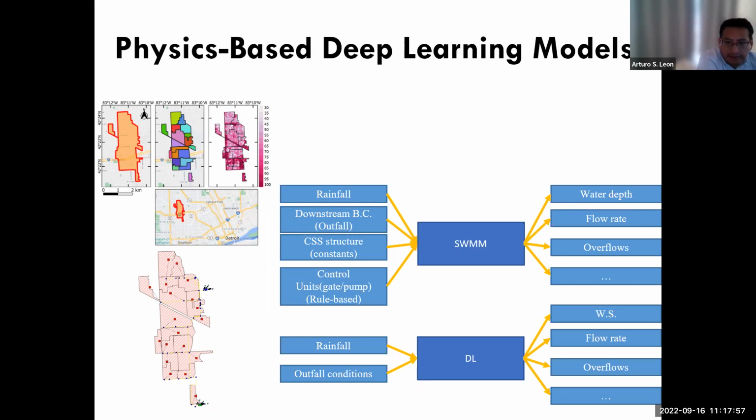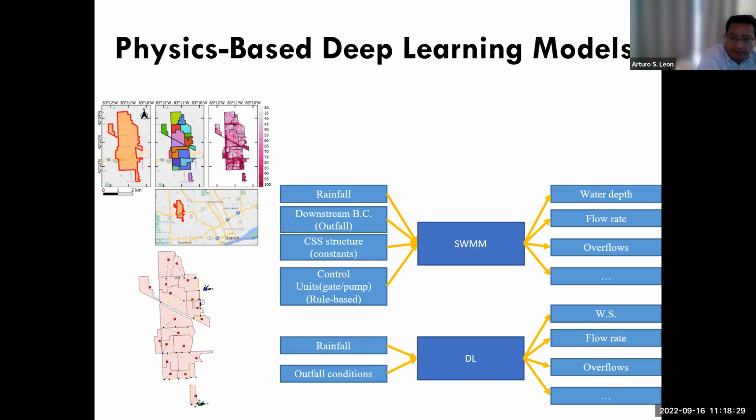In this case it's Michigan, and we have data from Minnesota and Ohio, and we are working with several consultants and several municipalities. The SWMM model requires data on rainfall, the downstream conditions, how the combined sewer system hydraulic structures are operated, the pumping stations, and so on.